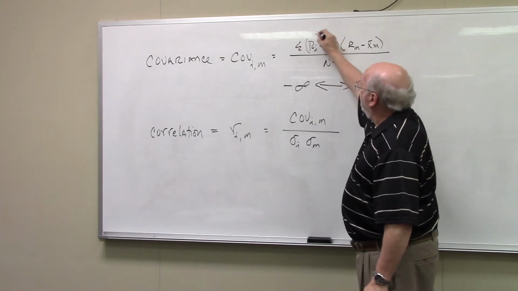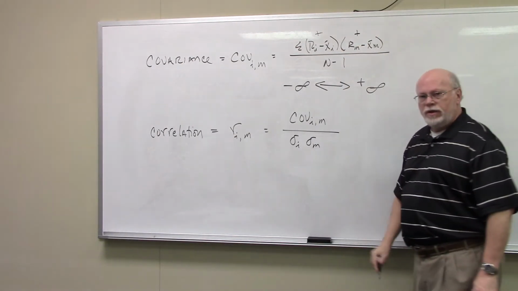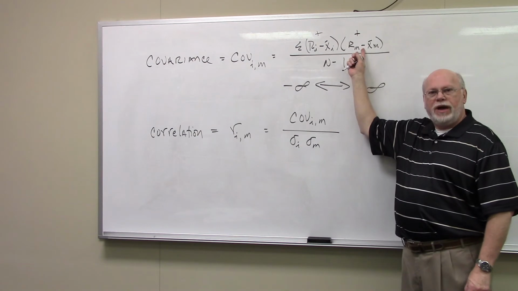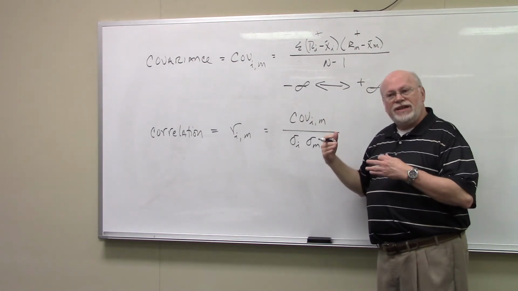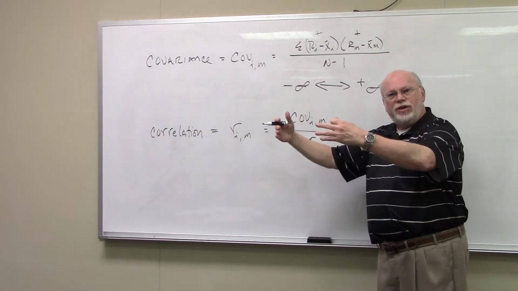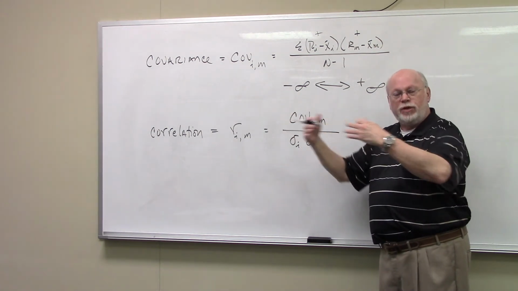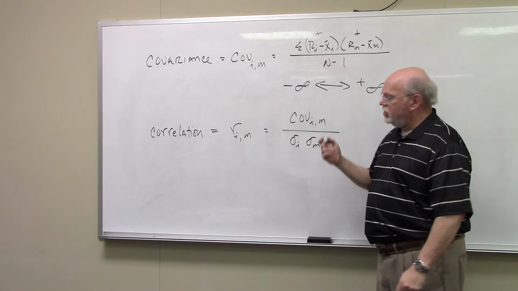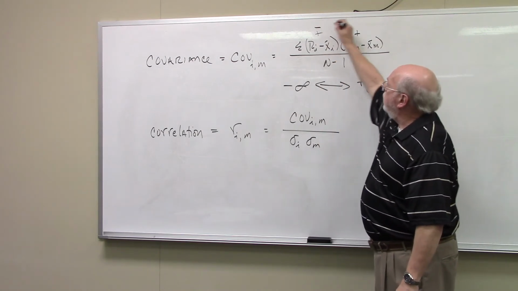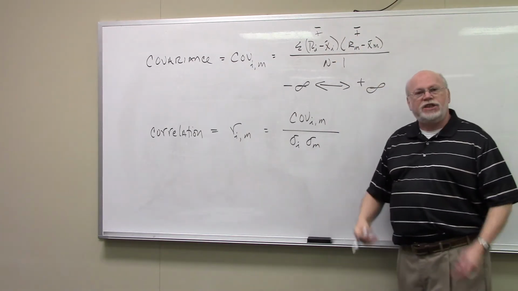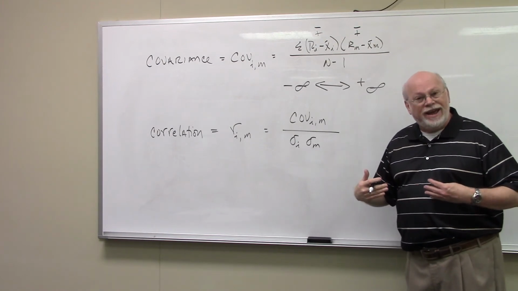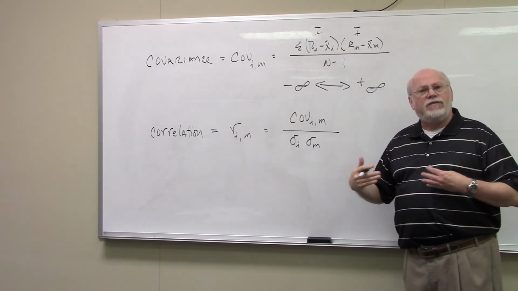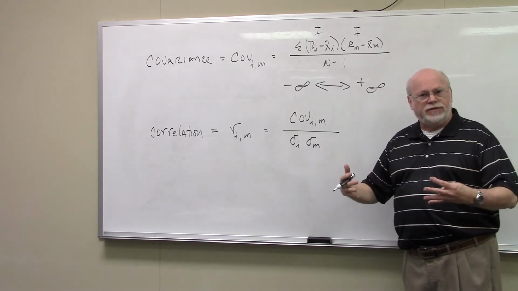And indeed, if these were both positive, then a positive times a positive would be a positive number. That means both these assets are on the upside of their means at the same time, both generating positive deviations. On the other hand, you could have both these assets on the downside of their mean, both generating negative deviations. A negative times a negative is also a positive.